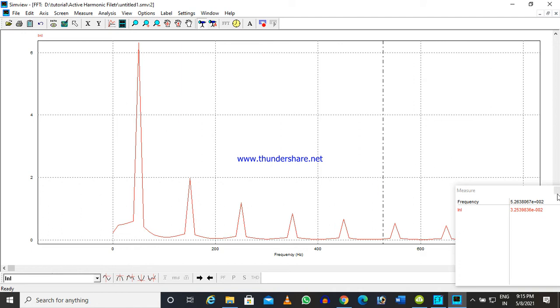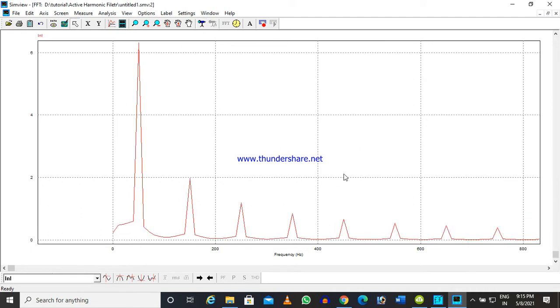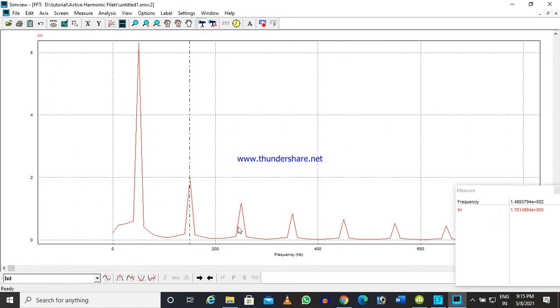Now simply, rather than going into any electronics or electrical engineering concepts, by applying a simple mathematical concept, let us try to suppress this 150 hertz peak and 250 hertz peak.